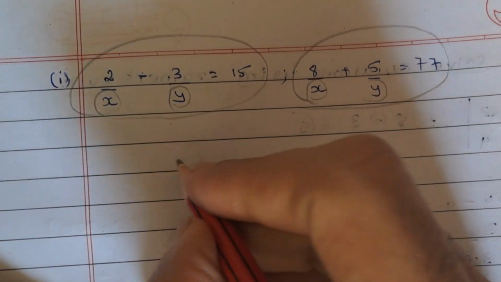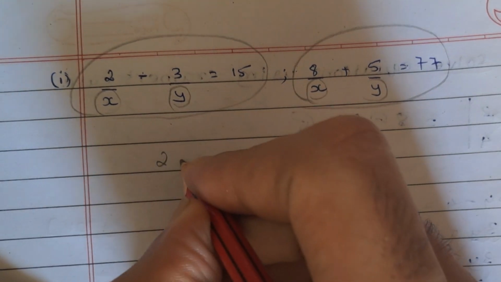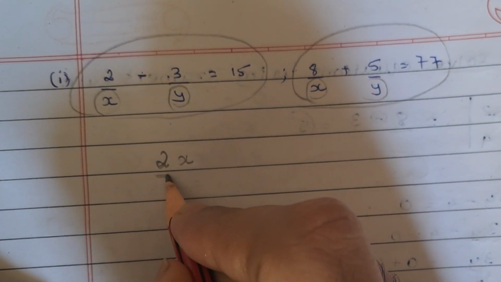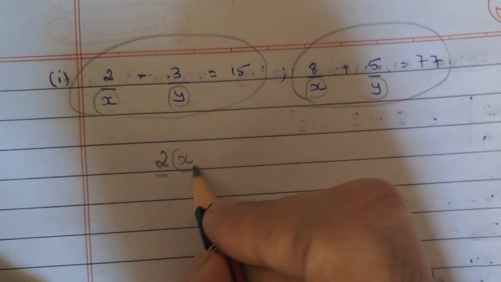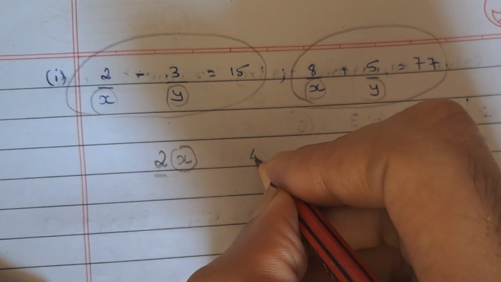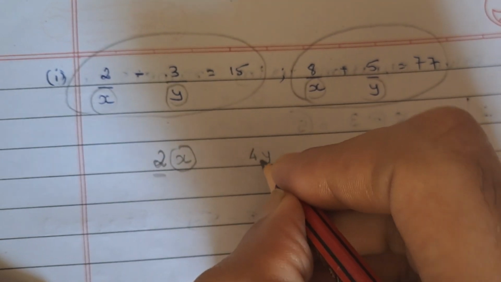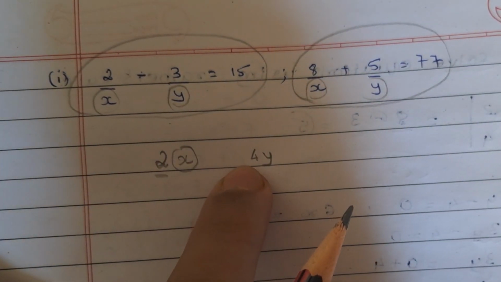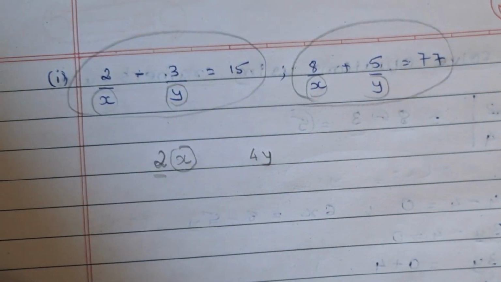remember that if I ask you, after writing 2x, who is along with 2, your answer will be simply x, which is very true. If I ask you, 4 and along with 4 I am writing a variable y, who is there with 4, your answer should be y, isn't it?